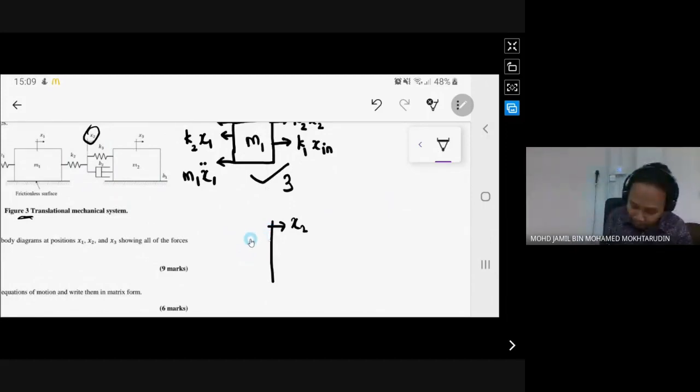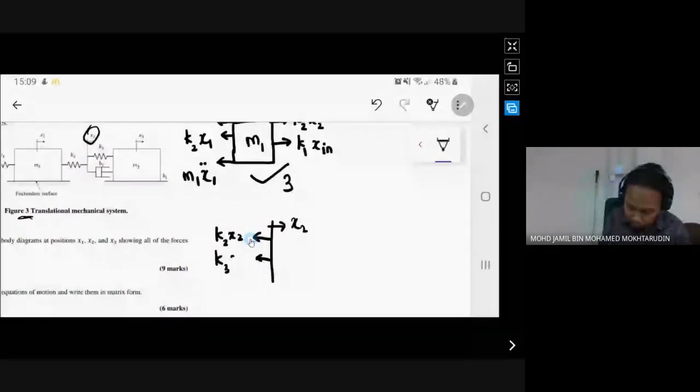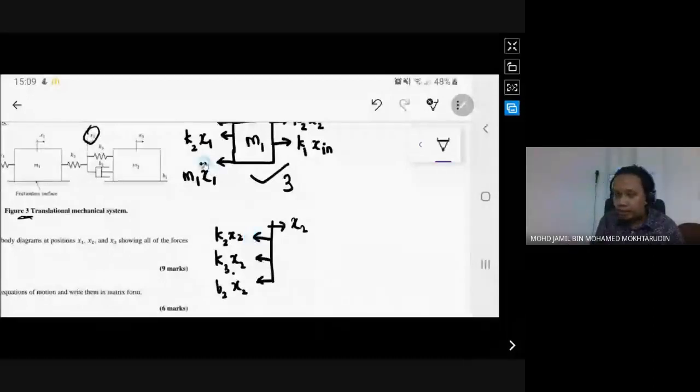So the first one will be K2 X2. Second one is K3 X2. And third one is B2 X2 dot. Okay, so let's say you forgot the dots, minus 0.5, okay? Let's say M1 X1, you put only 1 dot, or you put 3 dots, minus 0.5.